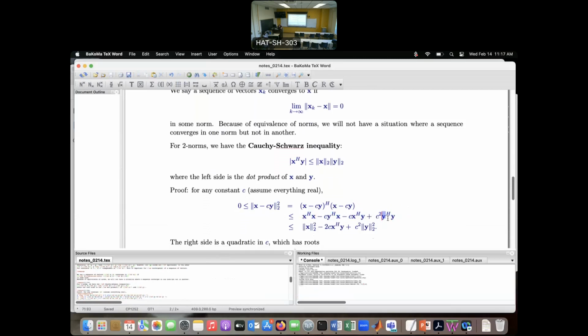I have that over here too, so that goes down here. If we're assuming everything is real, for real vectors only, the dot product is commutative, so I'm allowed to combine these two terms. But otherwise, if they were complex, I'd actually have 2 times the real part of this.